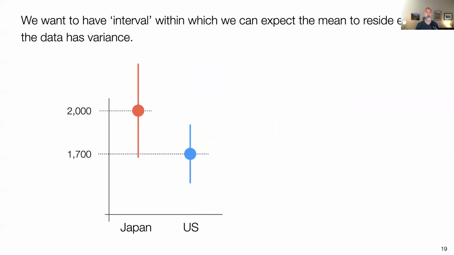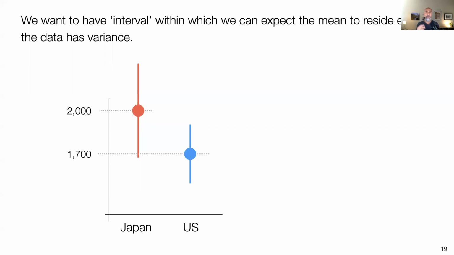I'm going to draw a vertical line. The reason I'm doing this is we want to draw some kind of line or interval. Maybe in Japan, given the 5 customers, the average number happened to be $2,000, but maybe there's some variance, so that the average number can be different.